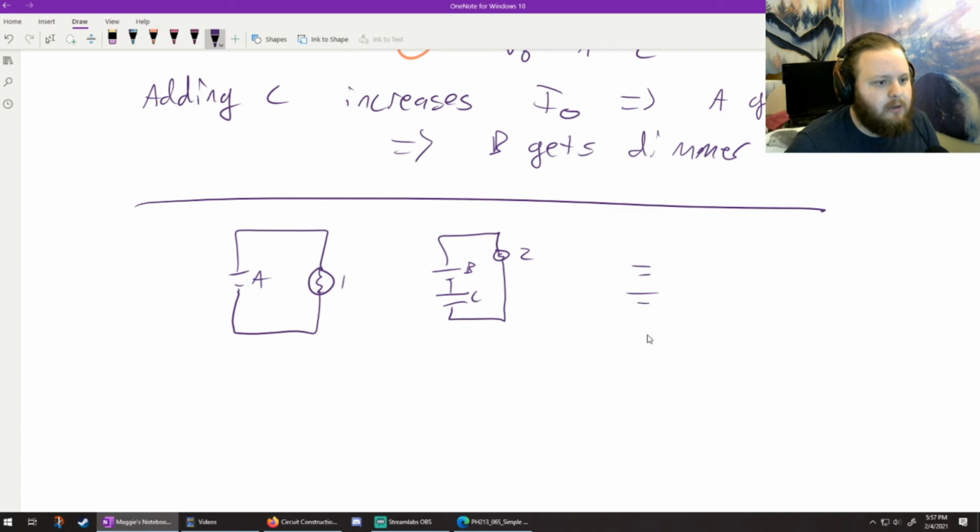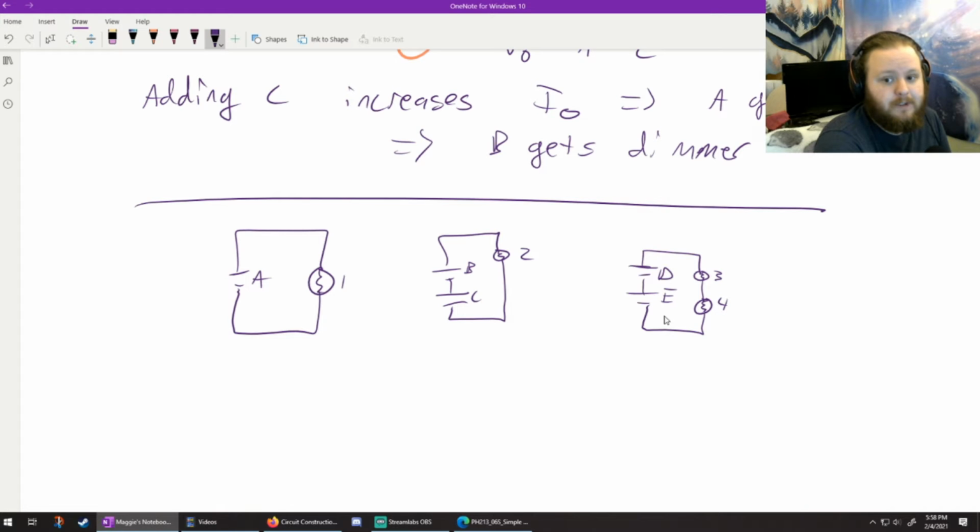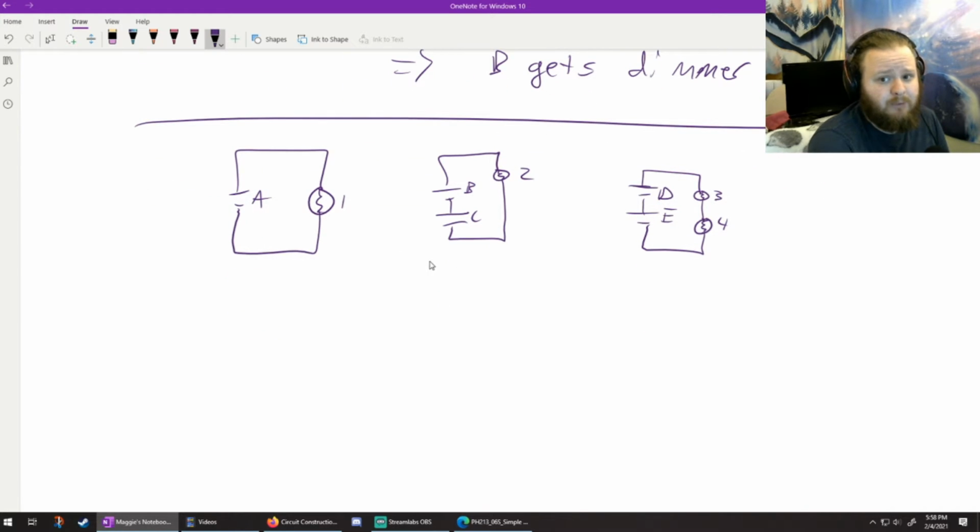And then we got this again, 2 light bulbs. And so here's 3 and here's 4. And I guess this is D and E. So, how about some questions? Let's predict the brightness of these bulbs. Rank brightness.